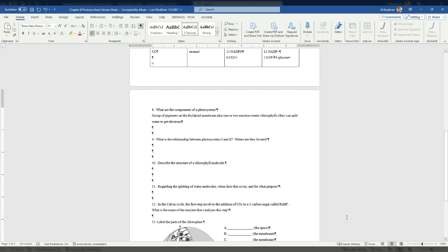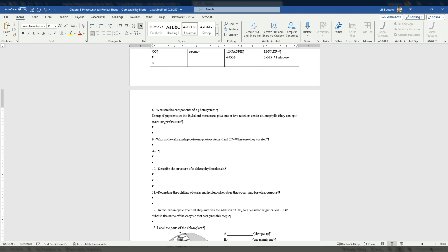Photosystems 1 and 2 are adjacent to each other physically on the thylakoid membrane. And there's lots of these, not just one. It's actually photosystem 2 that occurs first in the chronological sequence, and then photosystem 1. So the electrons first go through photosystem 2, then they're recharged and they go through photosystem 1.